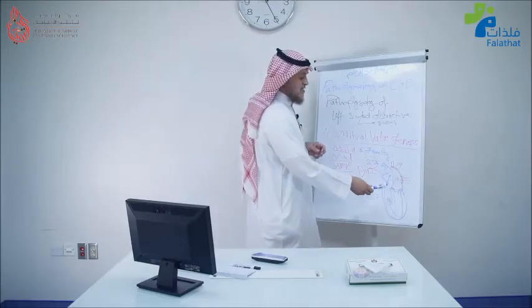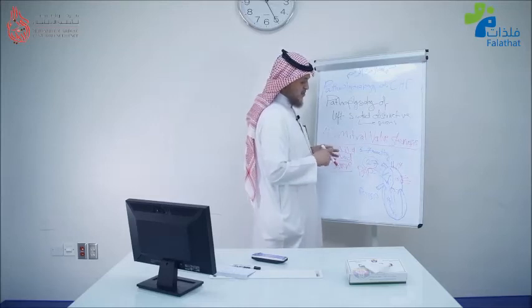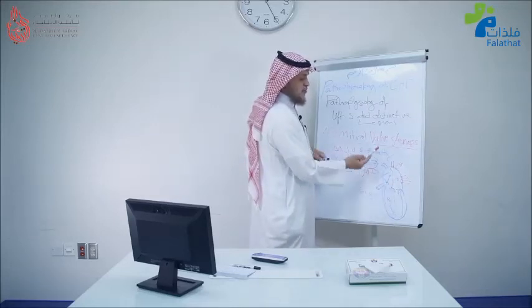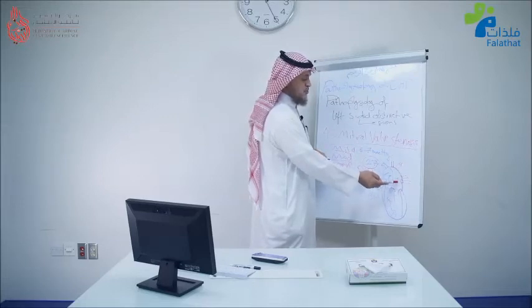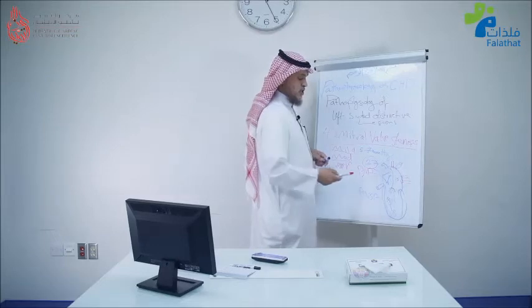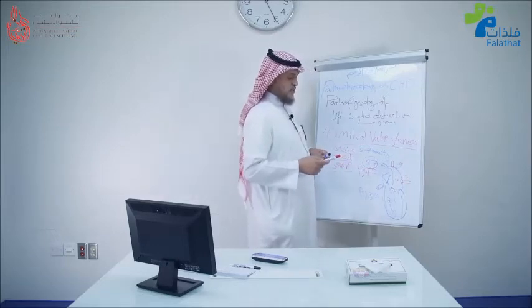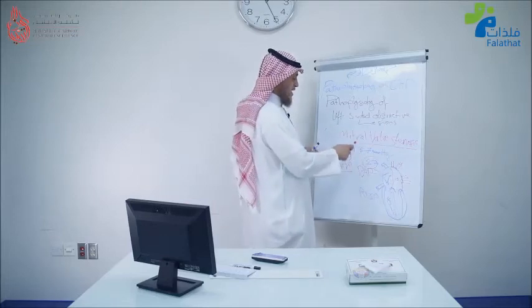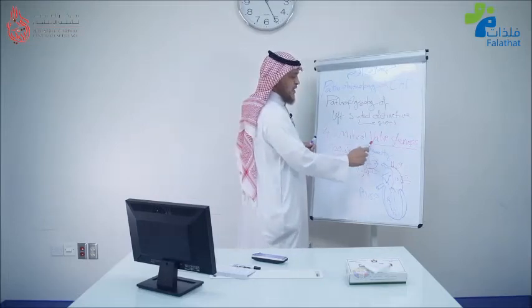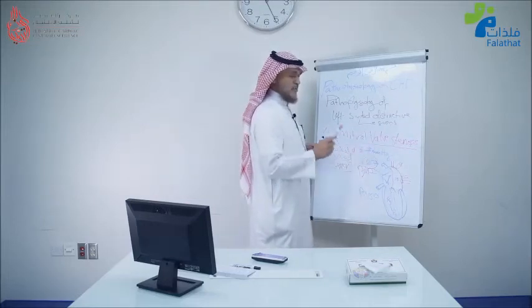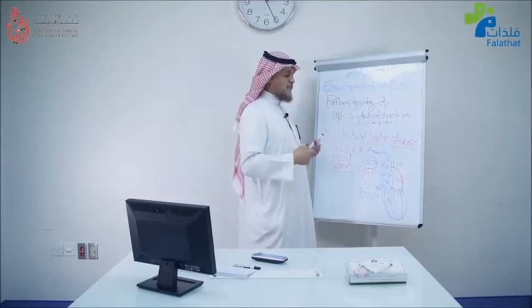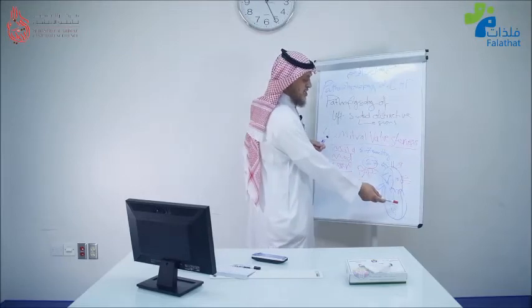Because of that, the mean gradient, which is the difference between the left atrial pressure, the pre-obstruction pressure, and the post-obstruction pressure, which is the left ventricular diastolic pressure, will be less. By numbers, it will fall in the mild area, but it is not mild; it is falsely mild because this pressure is elevated.